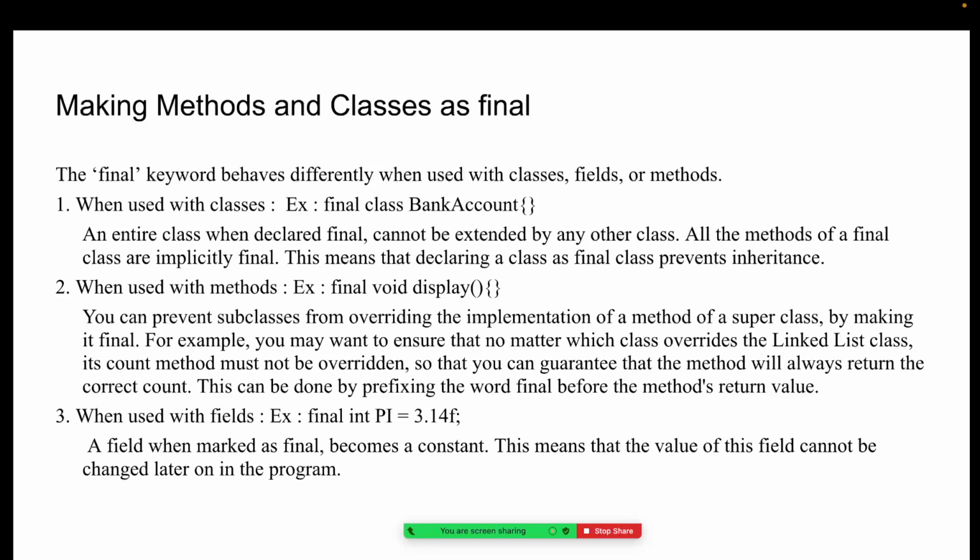If you try to do something like that, it will throw an error. Why? Because whenever we use final with a class name, it restricts that we cannot override or inherit that particular class.